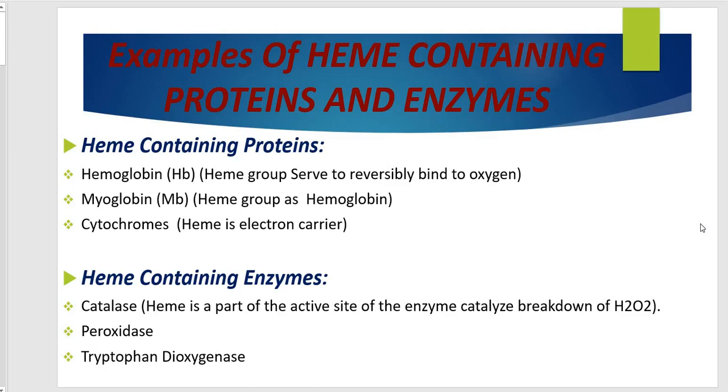Heme-containing enzymes include catalase, where the heme part is part of its active site, which catalyzes the breakdown of hydrogen peroxide. Also peroxidase and tryptophan dioxygenase, which is one of the enzymes involved in the metabolism of the amino acid tryptophan.